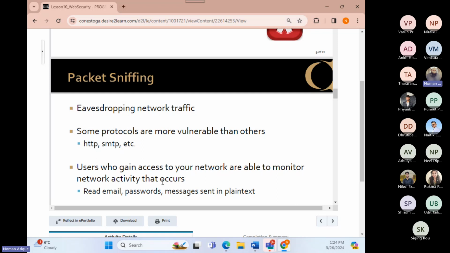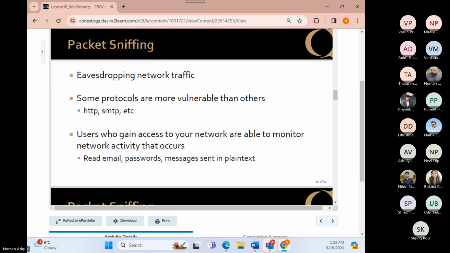Eavesdropping on network traffic, sniffing something out of the communication. Some protocols are more vulnerable than others. HTTP, we know HTTP is not secure. Hypertext Transfer Protocol is prone to eavesdropping, and people can read information from it.